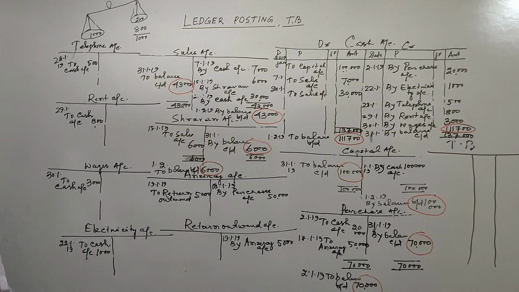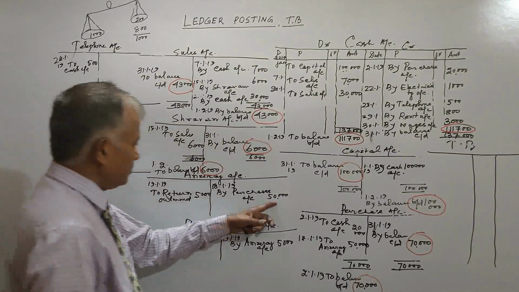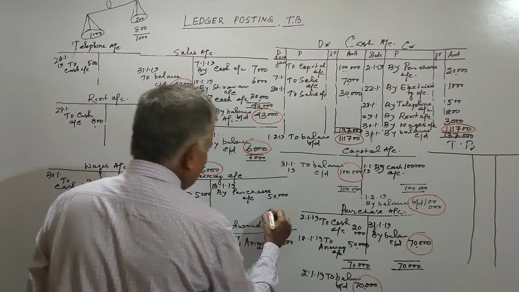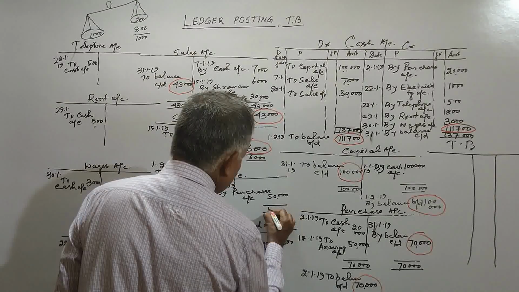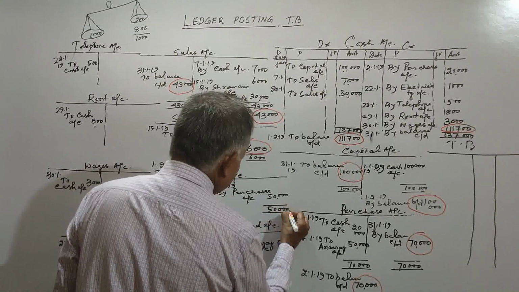Then Anurag account, credit is 50,000, debit is 5,000, credit side is higher, so 50,000.